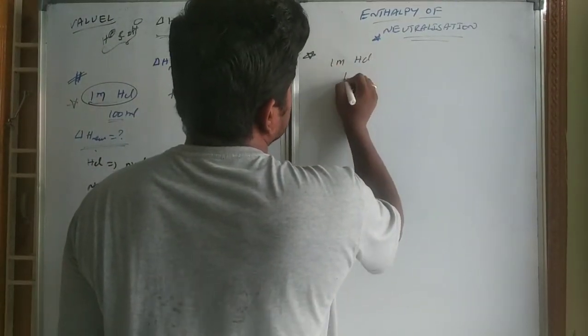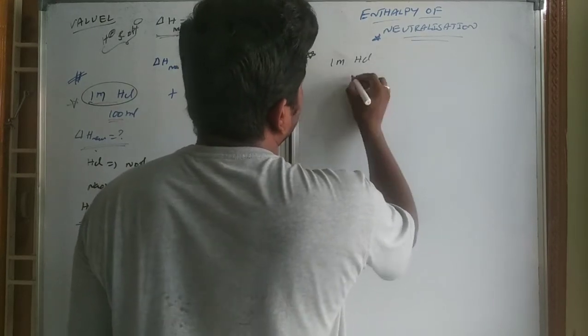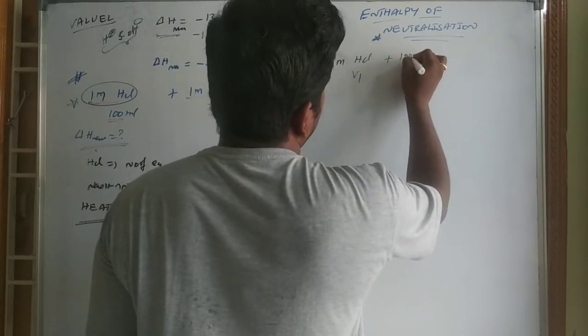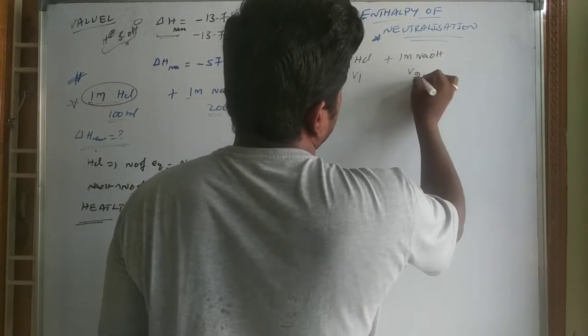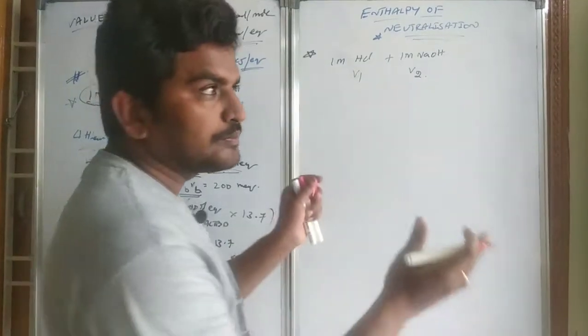1 molar HCl of V1 volume, 1 molar NaOH of V2 volume.